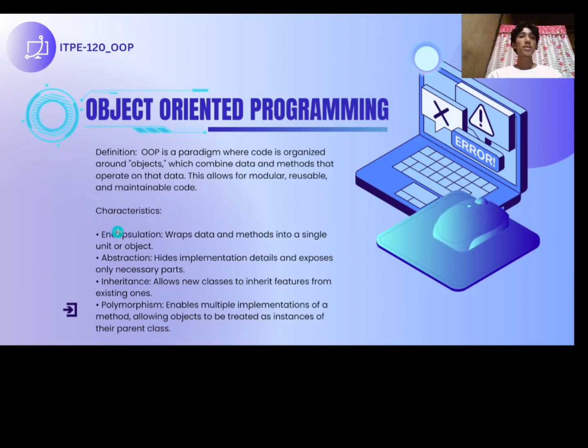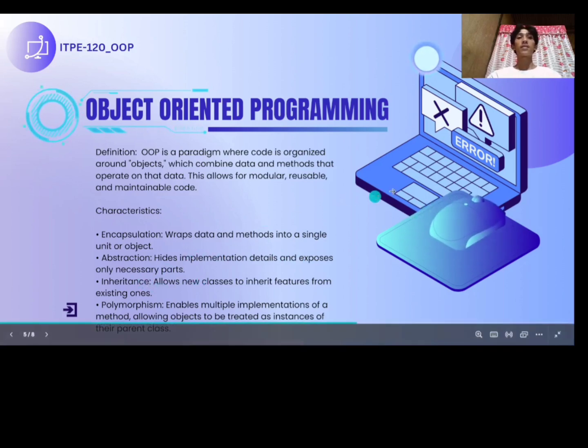So the characteristics of this are, first, encapsulation. Encapsulation wraps data and methods into a single unit, or object. Next, we have abstraction. Abstraction is used to hide implementation details and expose only the necessary parts.